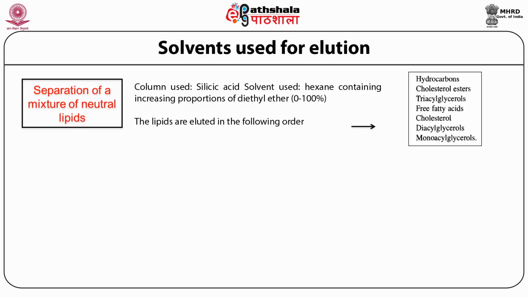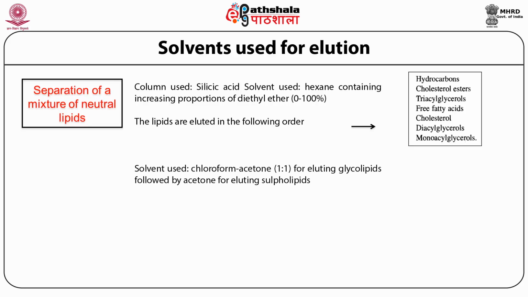So you can increase the proportion of diethyl ether in hexane in order to separate a mixture of neutral lipids. And the box on the right shows the order in which the neutral lipids will be eluted.